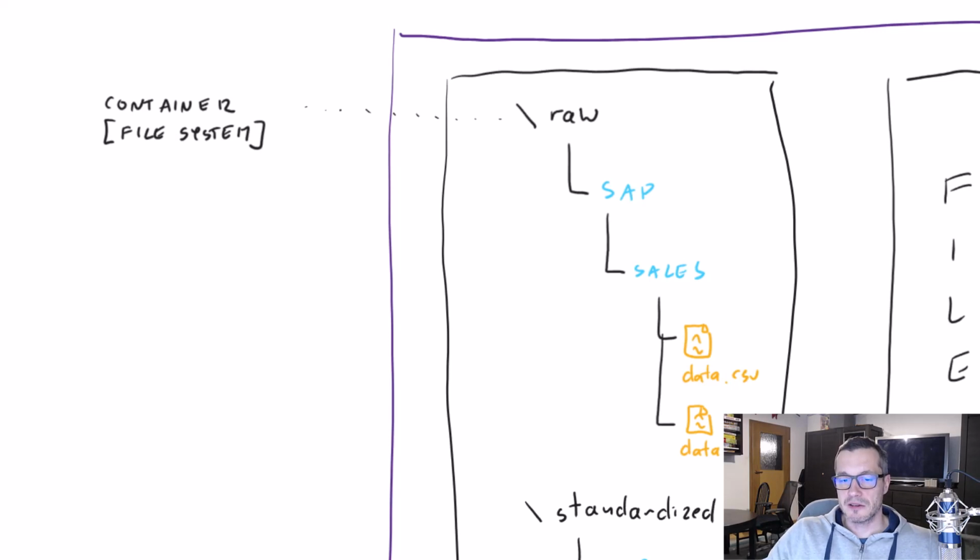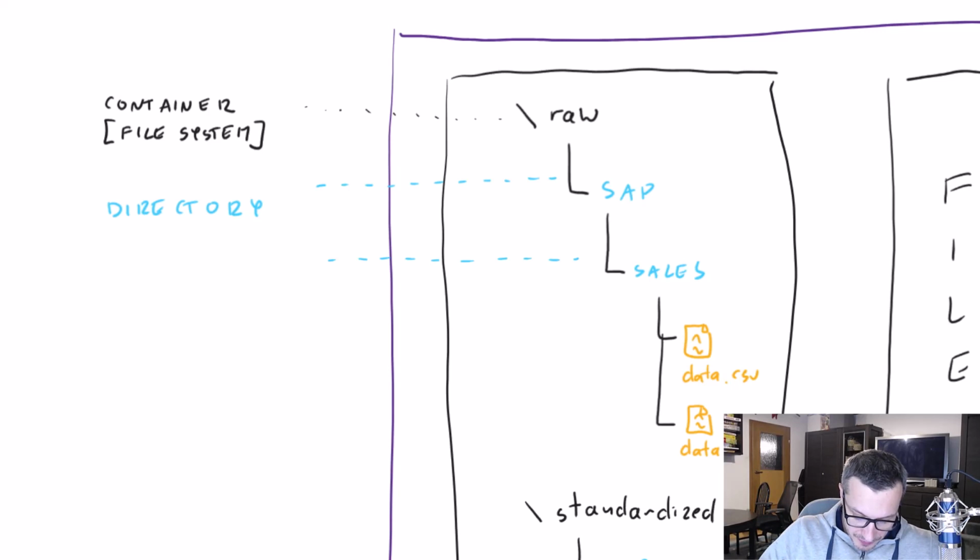Then in case of data lakes, we might have those real directories, those blue ones, like in our case, SAP and sales. Those are our directories. And please remember that in case of data lake, they do exist. They are physical things.